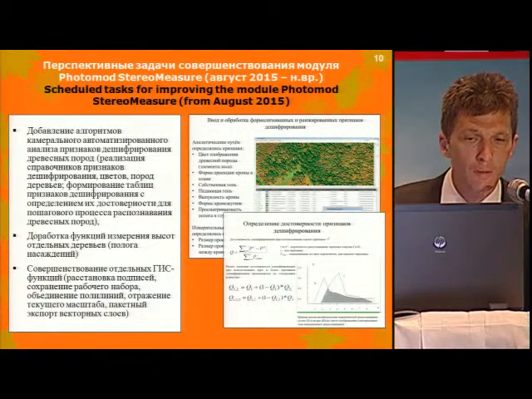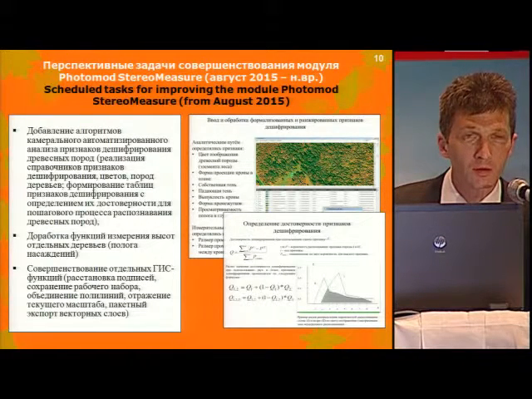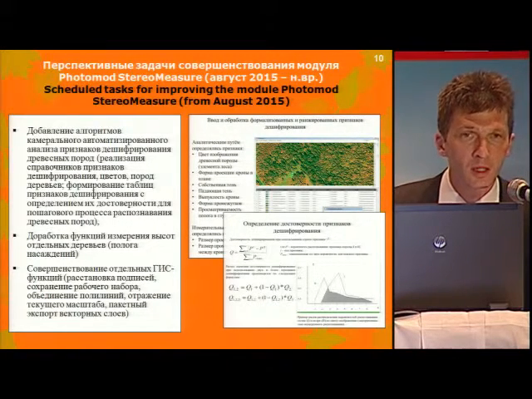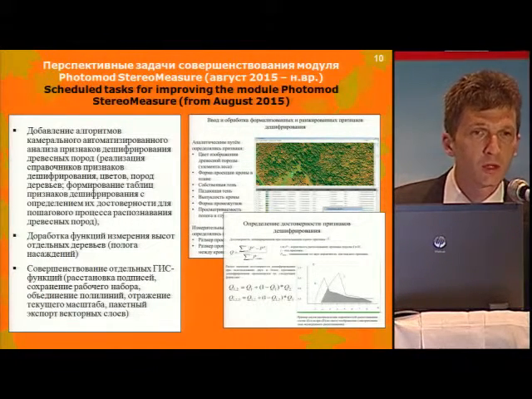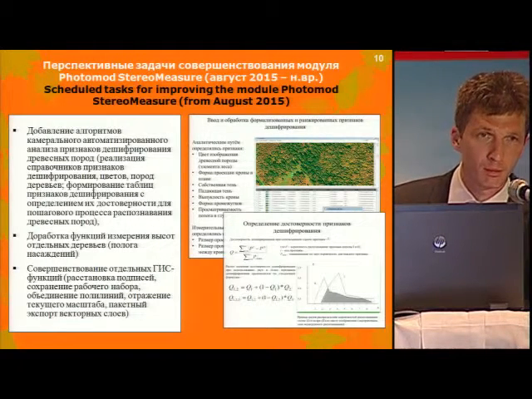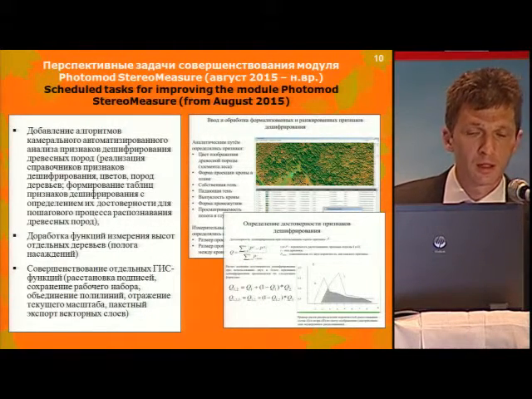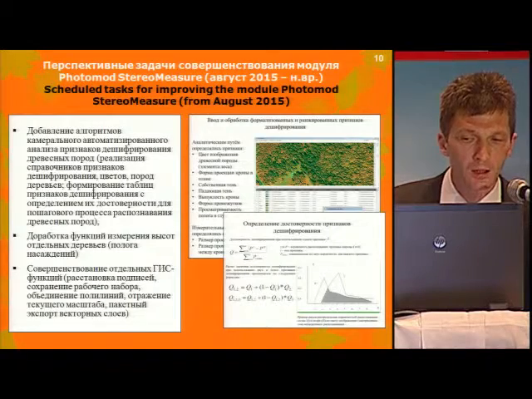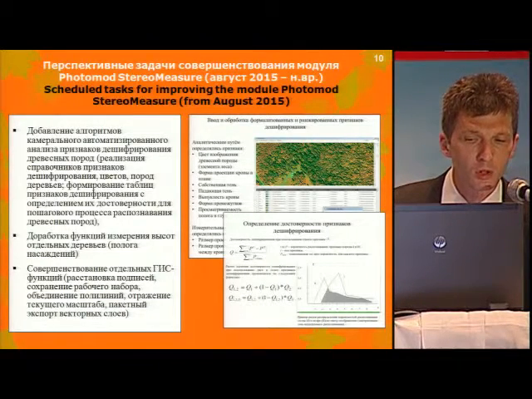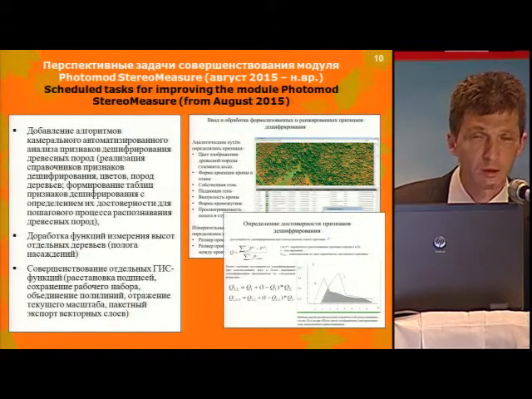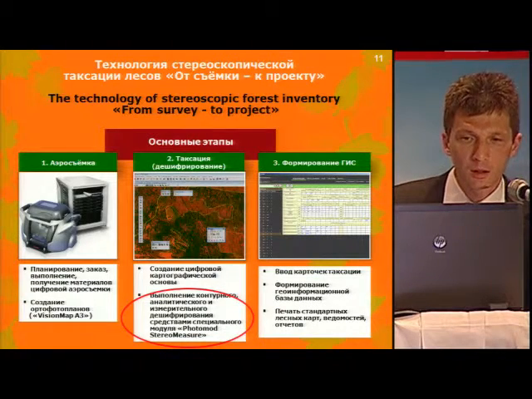functions. Now we want to include into our PHOTOMOD StereoMeasure new algorithms of in-camera analysis of the symbols of deciphering or indicators of deciphering based on the results of sample areas that we'll use for interpretation, and some of the new ideas on how to improve other functions.